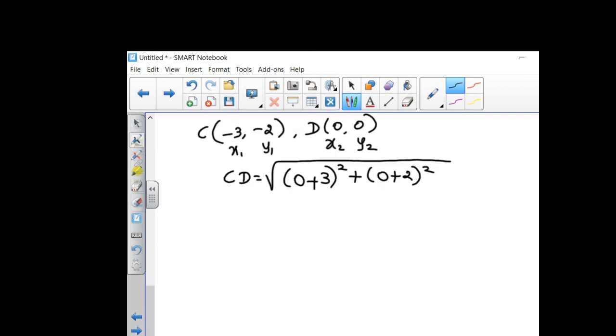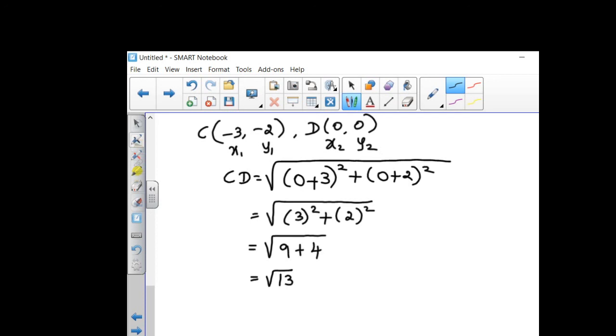Okay, so what do you get? Root of 3 square plus 2 square. Therefore 3 square is 9 and 2 square is 4. It is equal to root 13. Okay, this is CD.